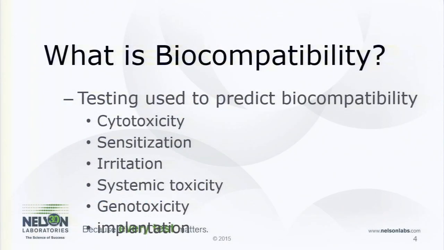So there are some tests that we use. There's a lot of tests we can use for biocompatibility. We're going to cover a couple of them really high level today, but more importantly, we're going to go over what tests we need to do for what devices. How do we categorize our devices today? So the first three tests are what we call the big three, and that's the cytotox, the sensitization, and the irritation.